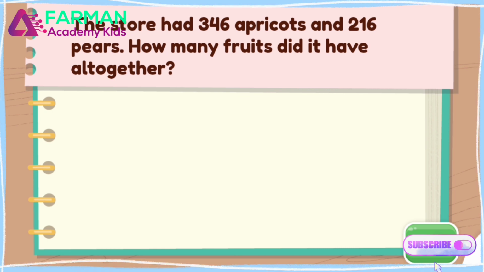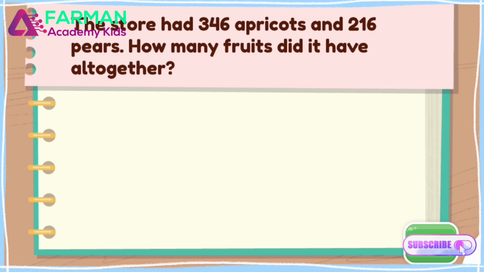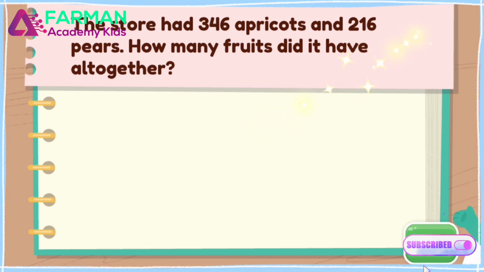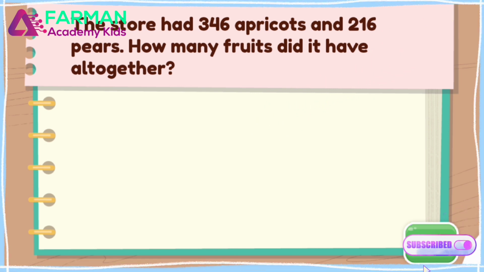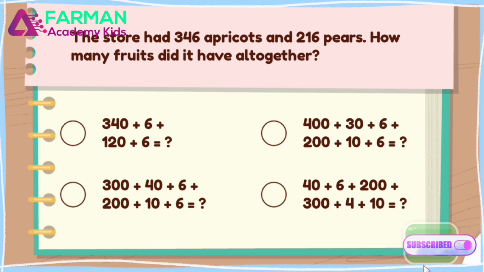The store had 346 apricots and 216 pears. How many fruits did it have altogether? We can use expanded form and place values to solve the problem. What equation in expanded form can we use to solve the problem?